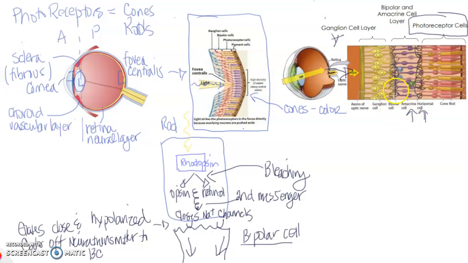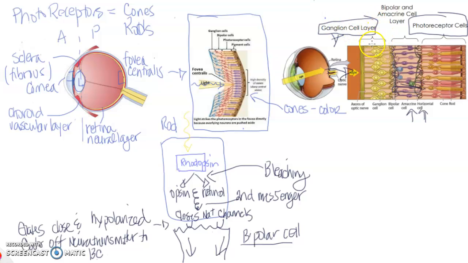And then once the light gets there, it causes the bipolar cells, which are here, to fire. So we have the light, we have bleaching, the bipolar cells fire, and once they fire, that action potential goes into the ganglion cells.